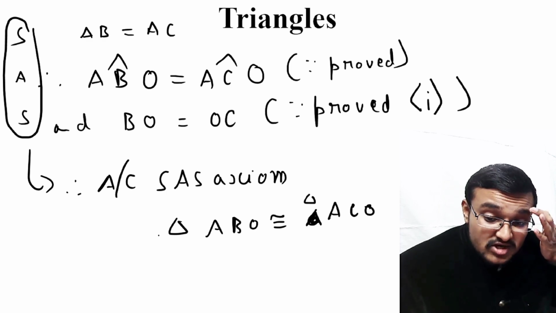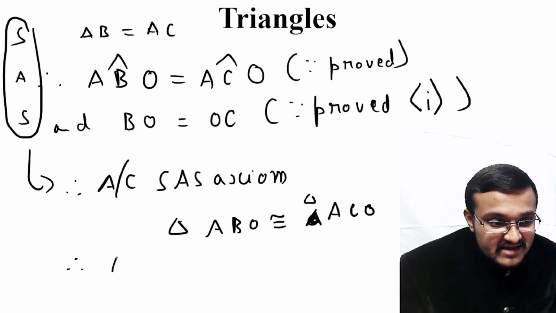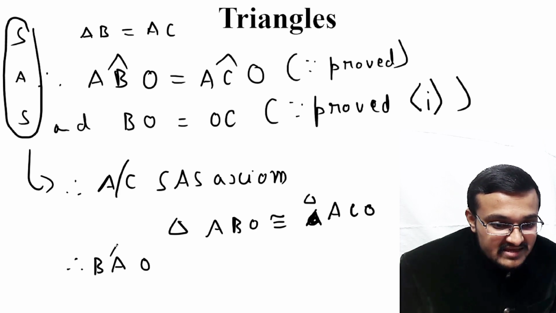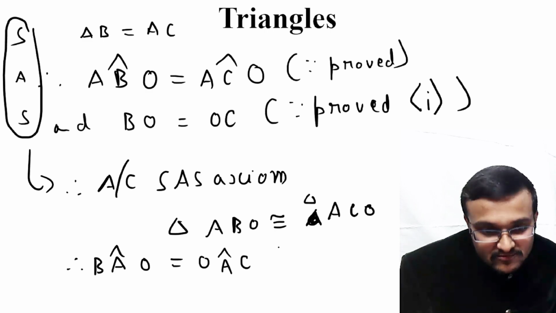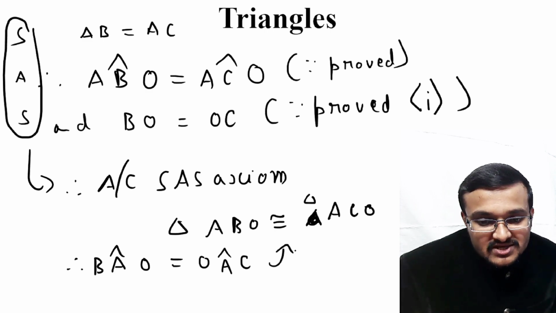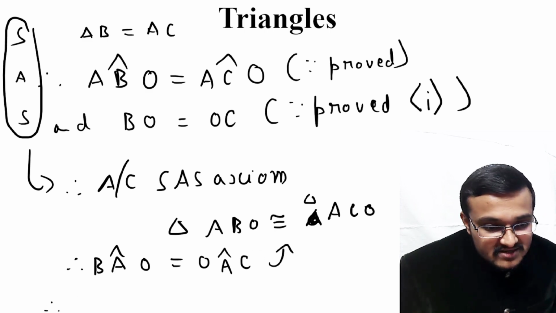Since ABO and ACO are congruent with each other, therefore BAO will be equal to CAO. So BAO and OAC are equal to each other because these two triangles are congruent with each other.